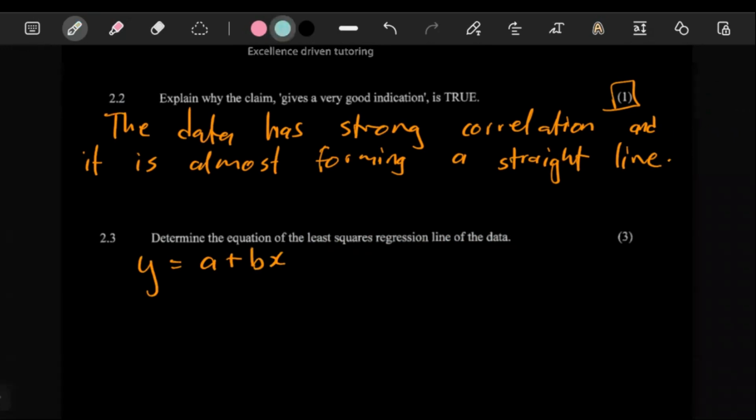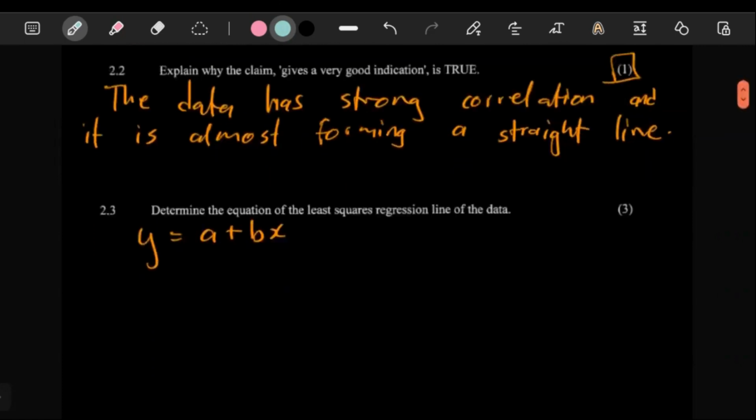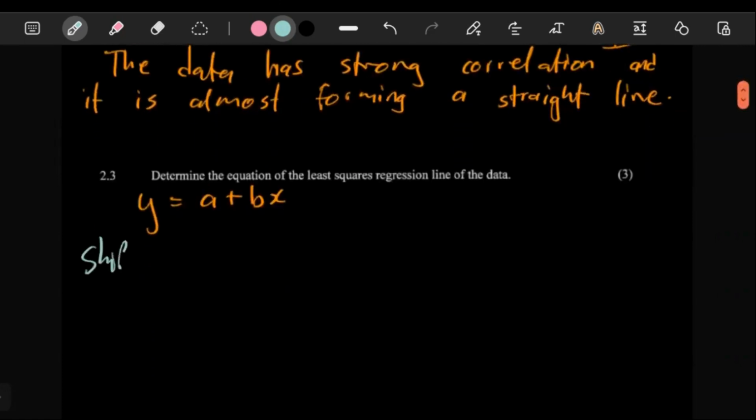In the calculator, remember you have all your data entered. You press shift, then the number 1 button, the one written stat at the top. I'm just double checking on my calculator.